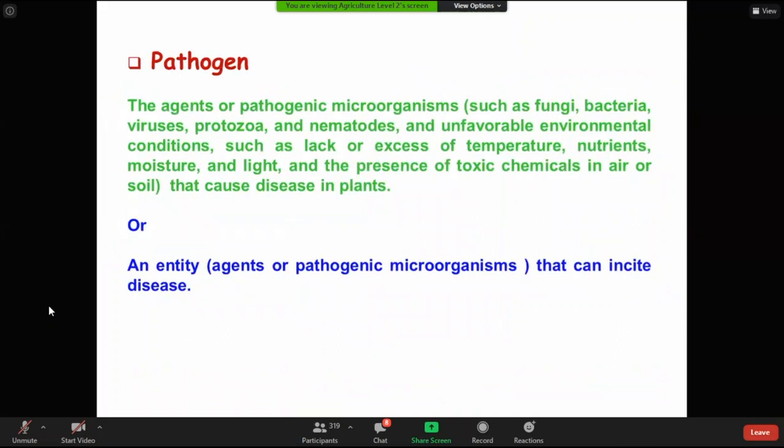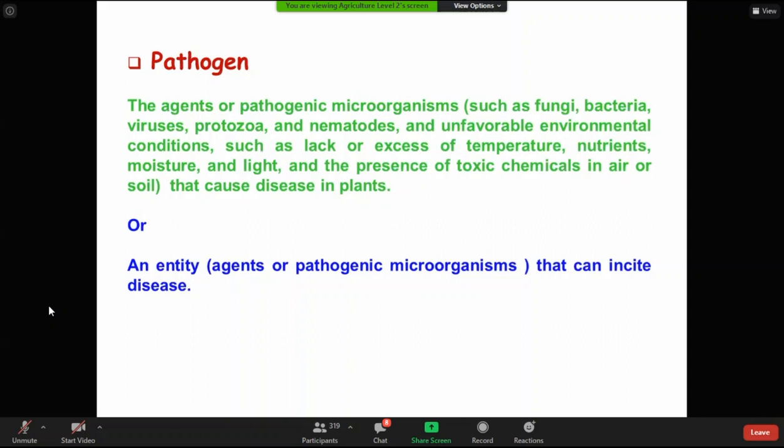What basically are we looking for? Who are the enemies? Pathogen, right? So any entity, agents or pathogenic microorganisms that can incite disease, we call pathogens.